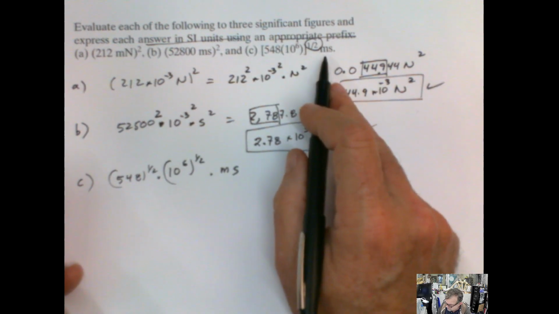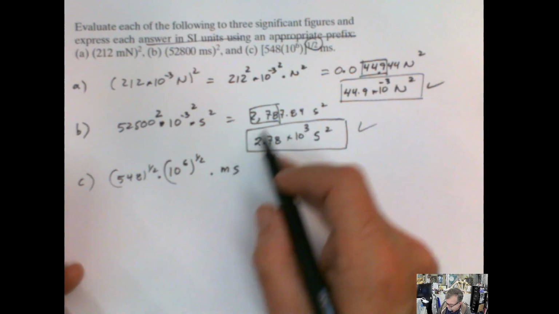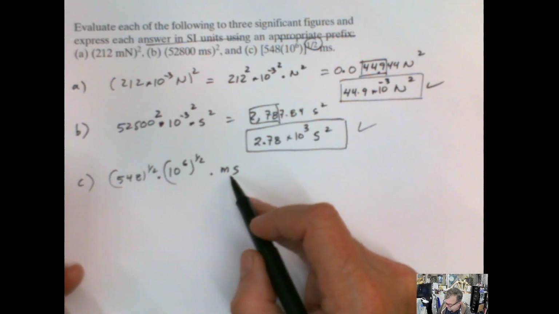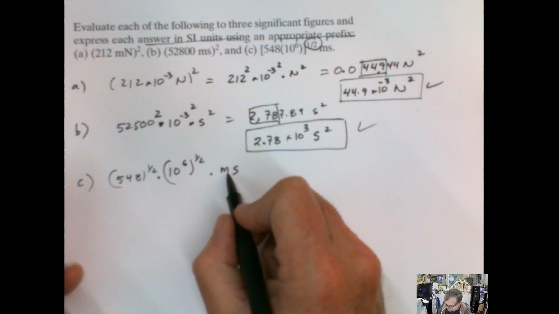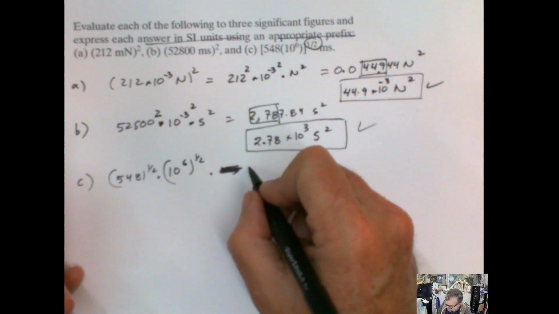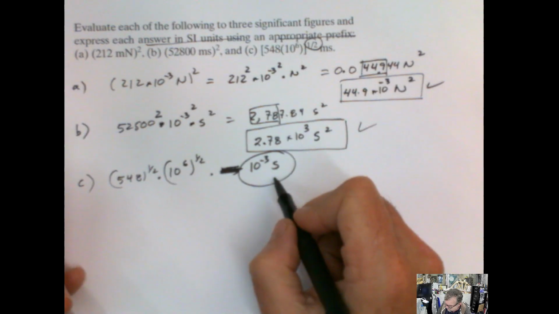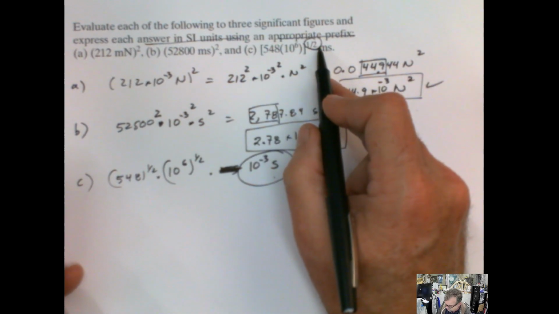Millisecond this time is outside the parentheses, so it's not affected by the square root. That's why I kept it outside. Instead of millisecond, you can put 10 to the negative 3 second, but keep in mind this is not affected by the square root.